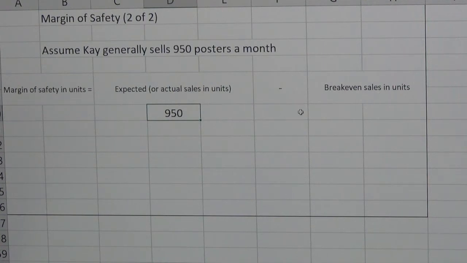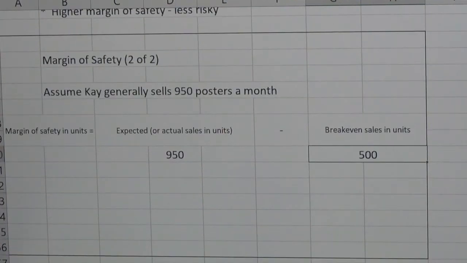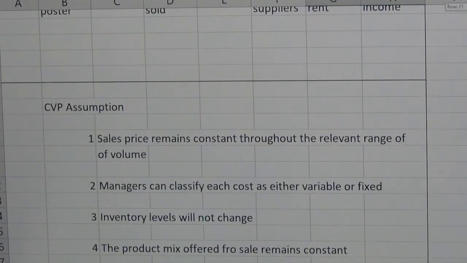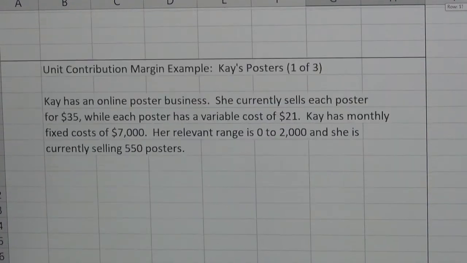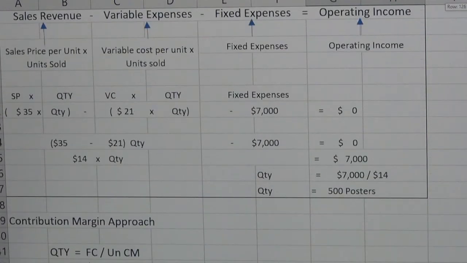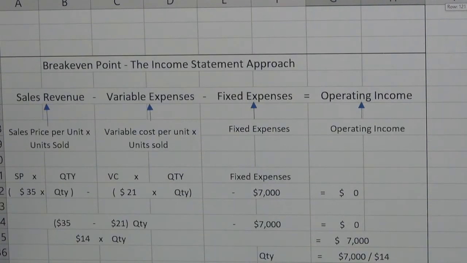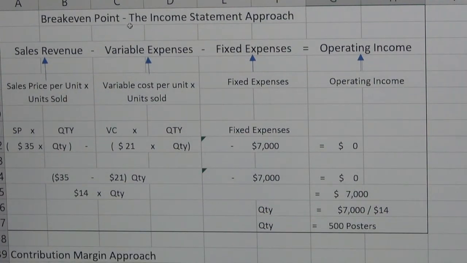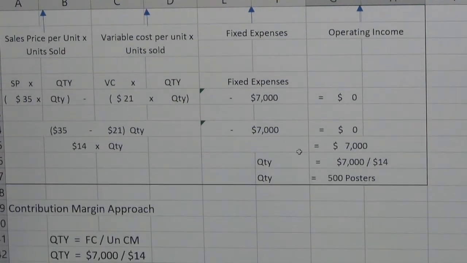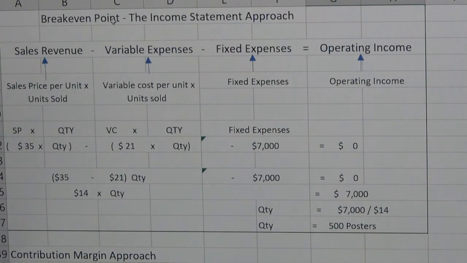Now, what we're going to use for this is the 500, and if you recall, way back in the day when we first started doing this analysis, when we just had a single product, without a multi-product situation, we went back, it was somewhere around right here. Break even, the income statement approach or even the contribution margin. The units that we'd come up with when we were first doing this was 500 posters.